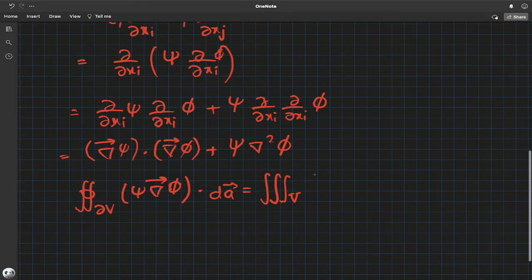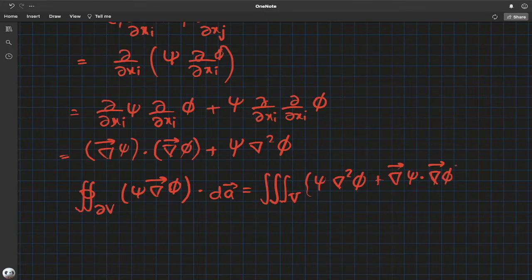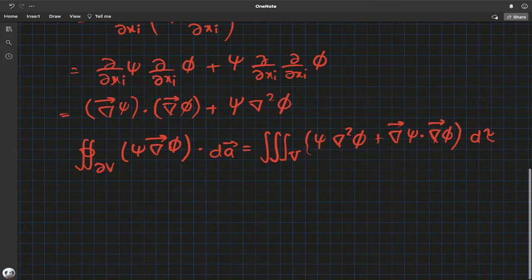So this just turns out to be psi Laplacian phi plus gradient psi dot gradient phi d tau. This is called Green's identity number 1.